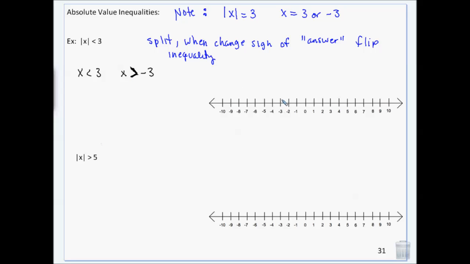So when I graph that, greater than -3 and less than 3, I have an overlap, I have an intersection. Less than and less than or equal to in absolute value are the same as "and." Okay. So these will give you intersections.